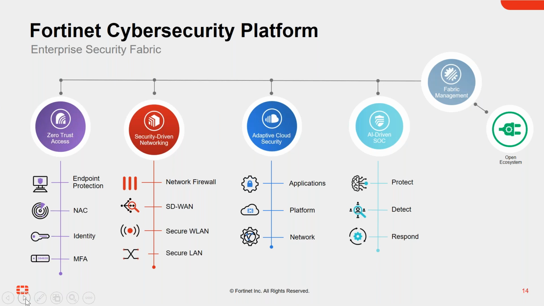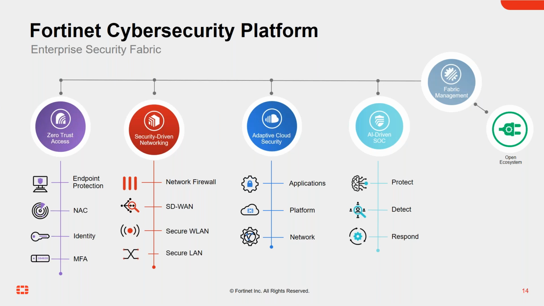And then the area that I'm talking about is really being able to protect, detect, and respond, which is having that security AI-driven operations. In addition to that is our open ecosystem. As I said, this is a community effort across our home, our community, and the globe.